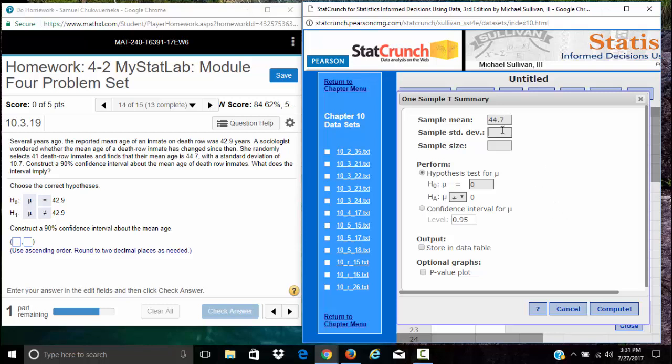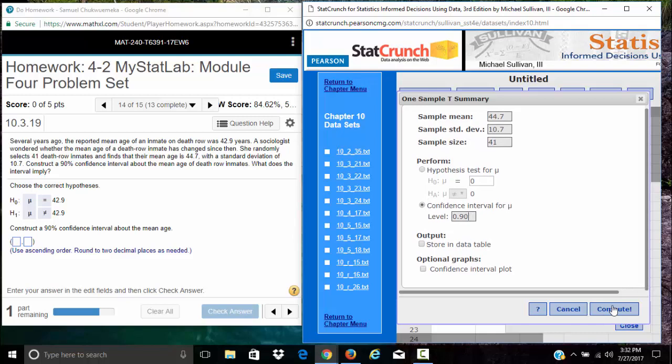Sample standard deviation 10.7. Sample size is 41. Just click on confidence interval, not hypothesis test. Confidence interval 90%, 0.90 or 0.9, and compute.